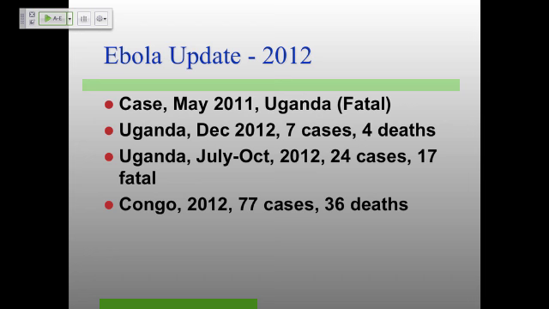Update in 2012. This is, in fact, my lecture slide from 2012. There was 1 case in 2011, 7 cases in Uganda in 2012, 24 cases also in Uganda, separate outbreaks, and 77 cases in the Congo. So again, relatively small numbers here.